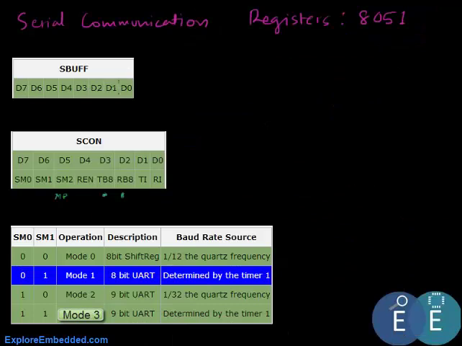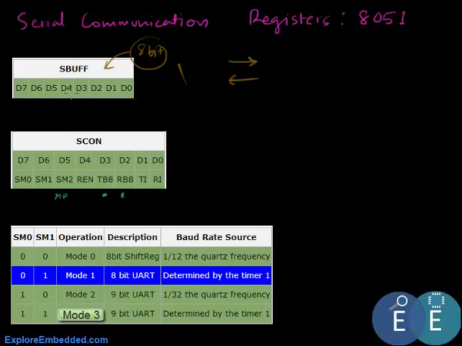Let us go ahead and look at the registers involved in serial communication in 8051. Whether the 8051 transmits or receives data, that data is stored in the serial buffer register. As you could see, this is an 8-bit register, so it means we can transmit 8 bits at a time.